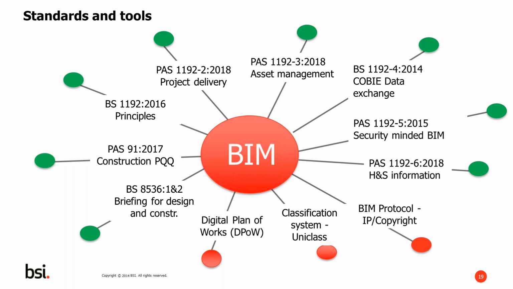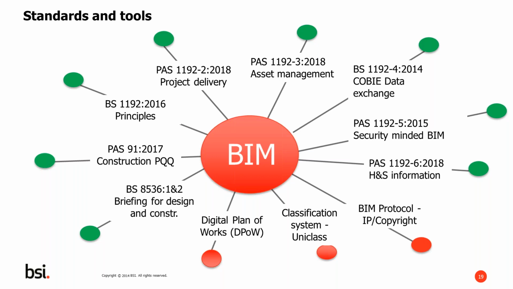A couple of other standards worth noting are PAS 91, which is the Construction Pre-Qualification Questionnaire document, which cites PAS 1192 Part 2 as a document that can be used in order to not need to fulfill the requirements under PAS 91 for your building information modelling question, effectively.